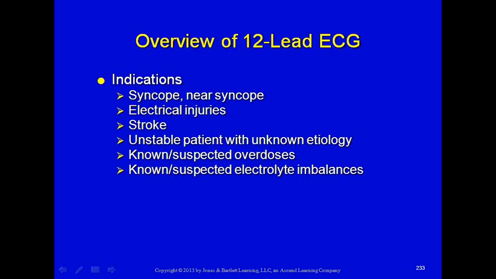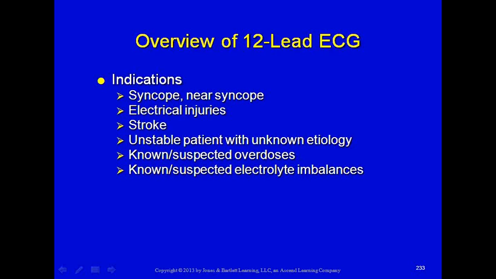Electrical injuries, it's important to get a 12-lead ECG to see if the electrical shock they received damaged the heart in any way. Strokes, the purpose we'd get a 12-lead ECG on a person who's had a stroke is to look for an arrhythmia like atrial fibrillation that would indicate the probable cause of the stroke. If we have an unstable patient of unknown etiology, we don't know why they're having chest discomfort, but they're unstable, we need to get a 12-lead ECG.